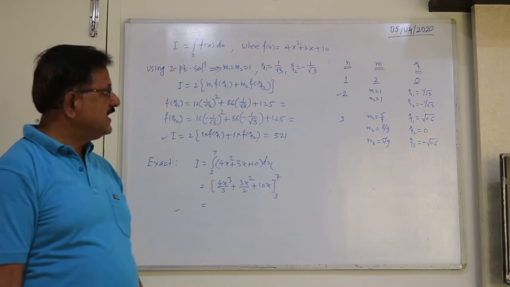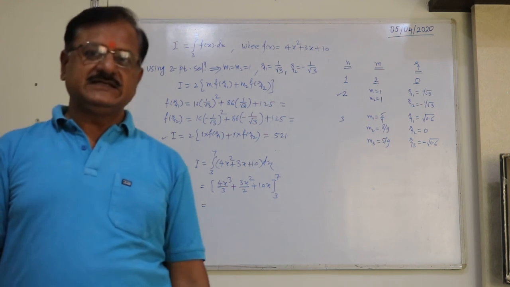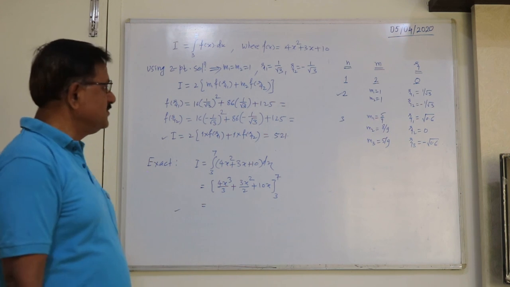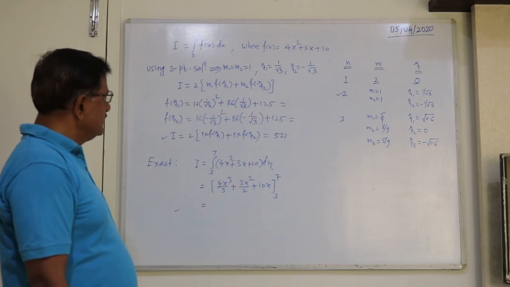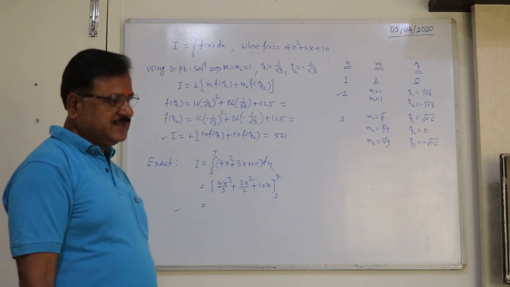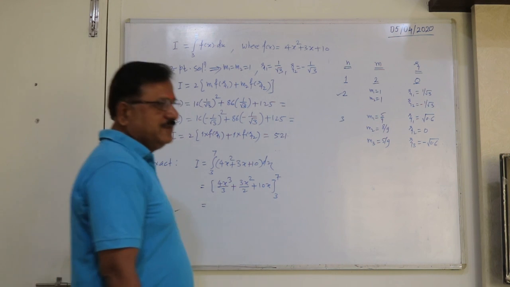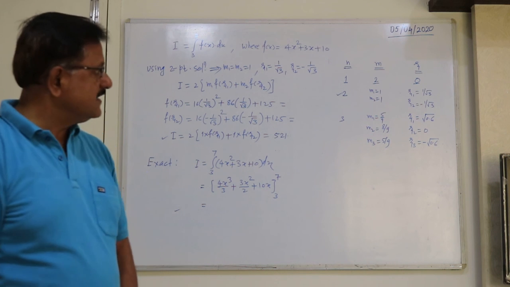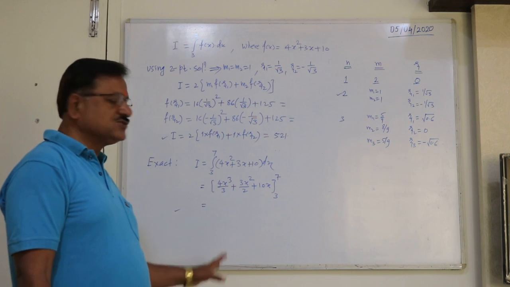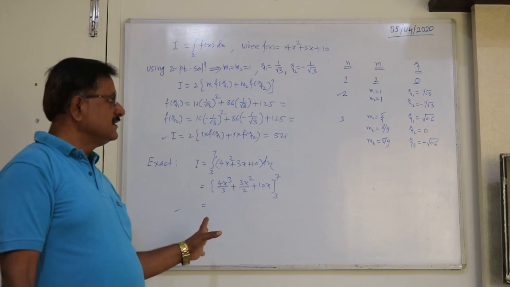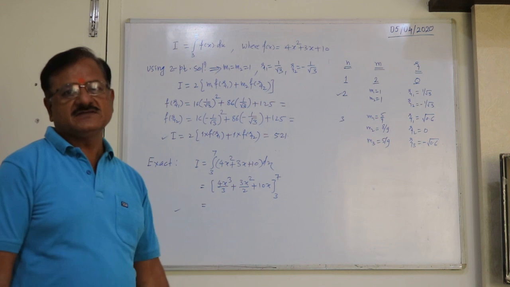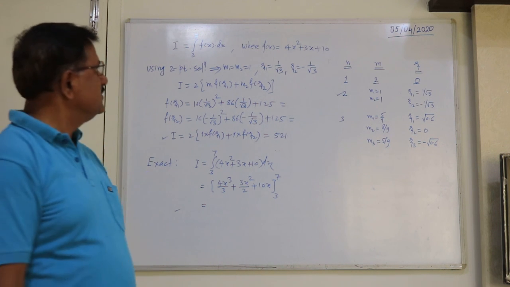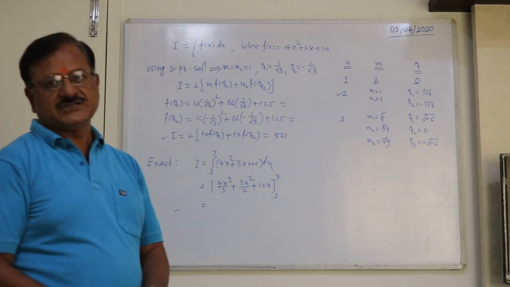This formula helps to get the numerical integration when you want to work out the element stiffness matrix for any type of element. The problems will be given as an assignment so that you will have sufficient practice in evaluating numerical integration using the Gauss quadrature formula.